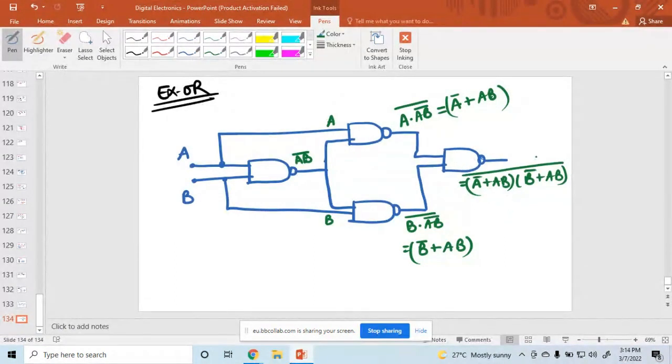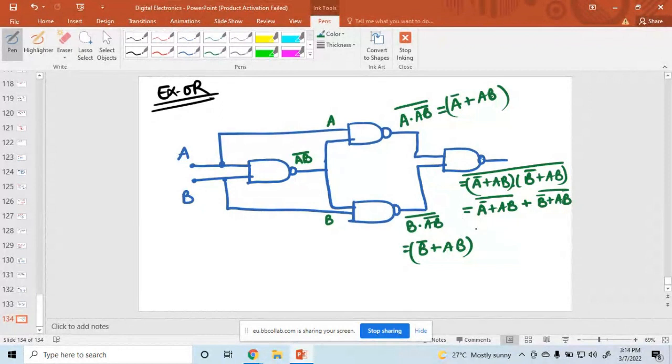And you can simplify this expression. So apply De Morgan's. What is the value? This value is equal to A bar plus AB bar, and then, since you have applied the plus, B bar plus AB whole bar.